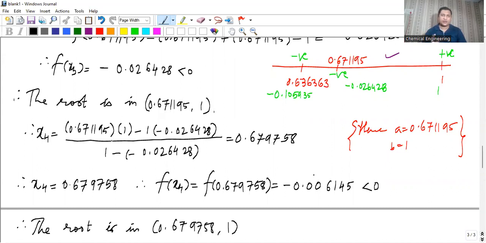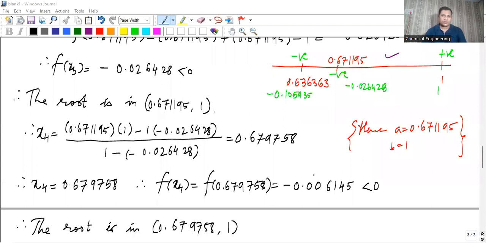Any calculator equivalent to this, or you can go with the TI 36X Pro. Okay, sir, fine. Thank you. Yes, welcome.